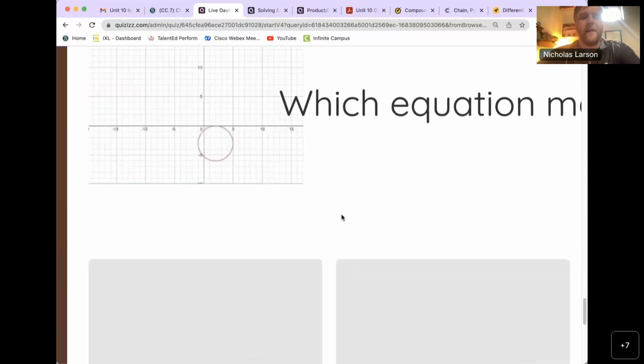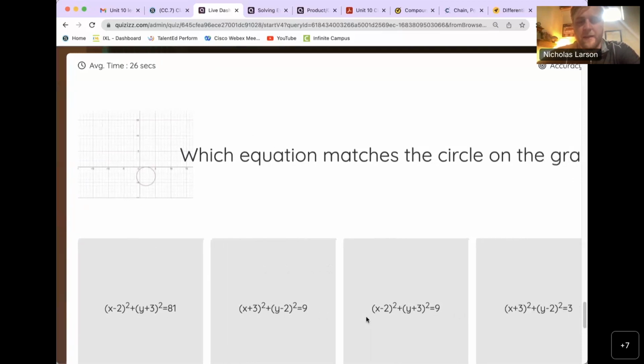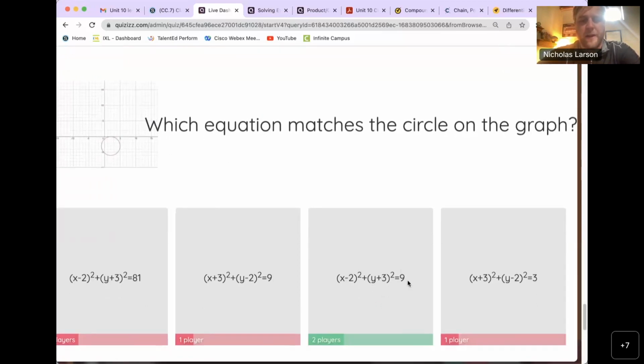So I need an equation that has x minus 2, y minus negative 3. So x minus 2, y plus 3, and r squared is 3 squared, which gives me 9.